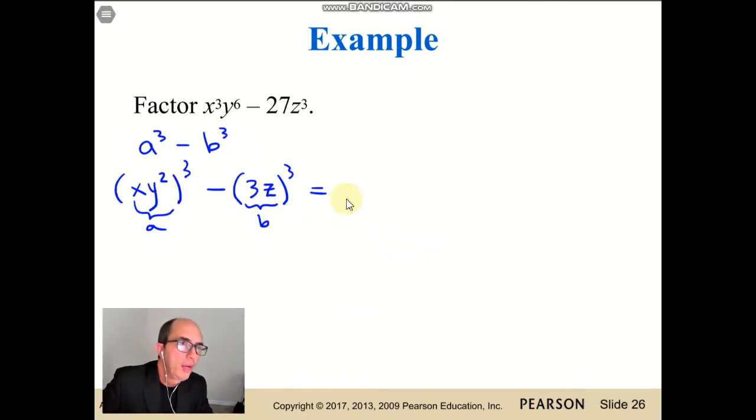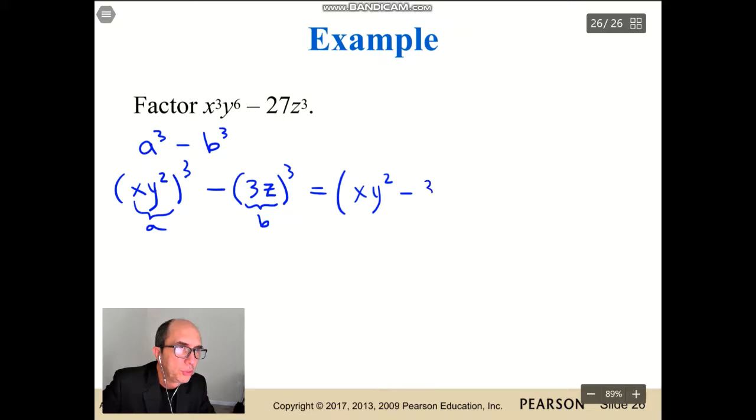Okay, well, here we can factor it out as xy squared, right? This is going to be our a, minus 3z. This is going to be our b, multiplied by a squared, xy squared squared, x squared y to the fourth, right?